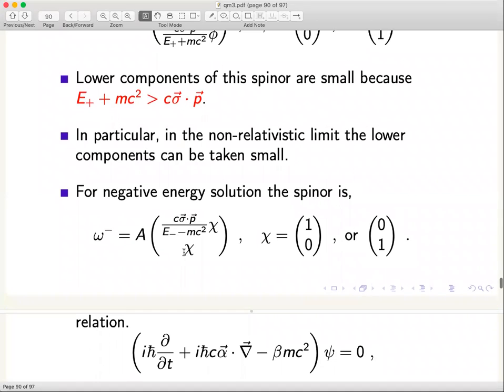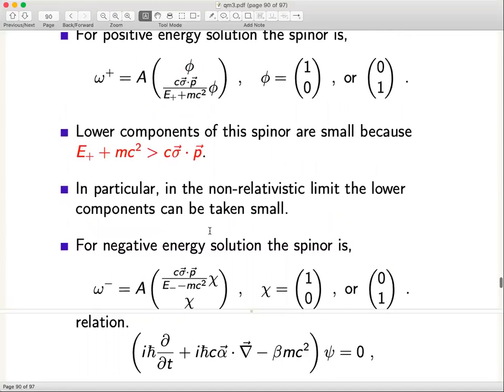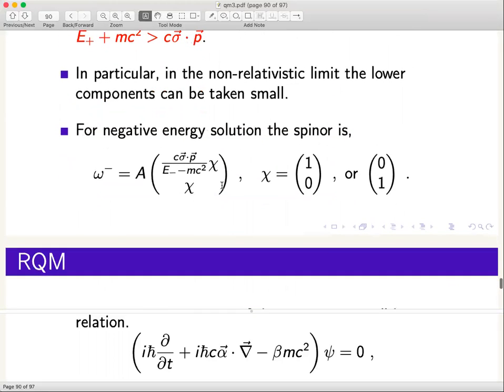So in the non-relativistic limit, again you will ignore this piece. A particle degree of freedom in the non-relativistic limit is only two components; the lower two components are small. The antiparticle degree of freedom is again two components, which are the lower components, and the upper two components are small.